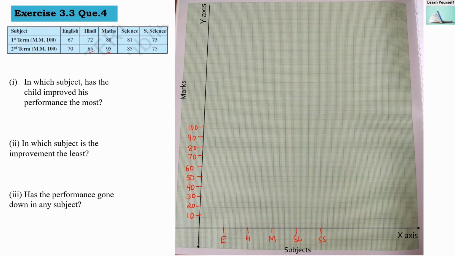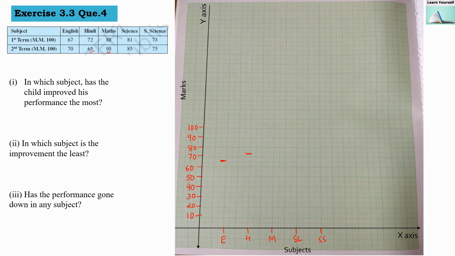Now let us mark our readings as per the marks. For term 1 English the student has scored 67. So 67 will come over here. Let us first mark all the term 1 marks. So English it is 67. For Hindi it is 72.